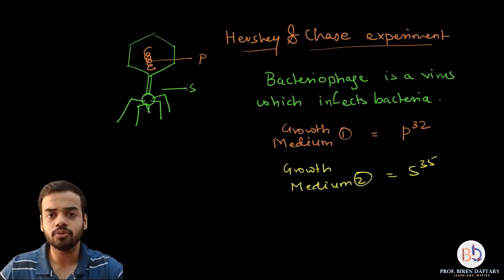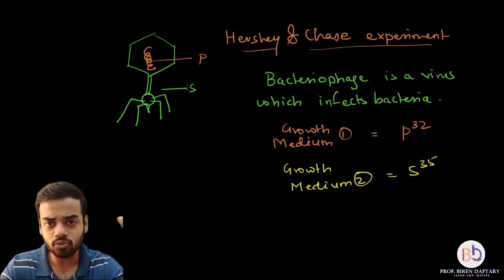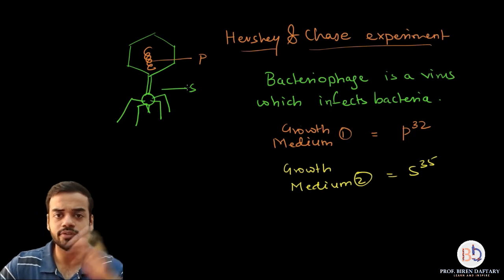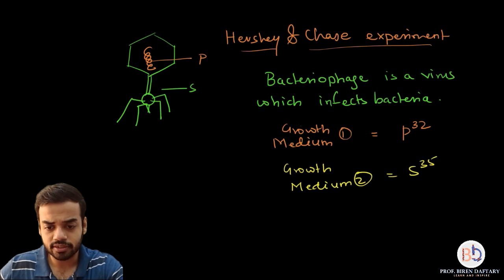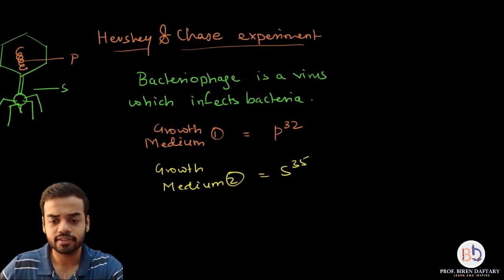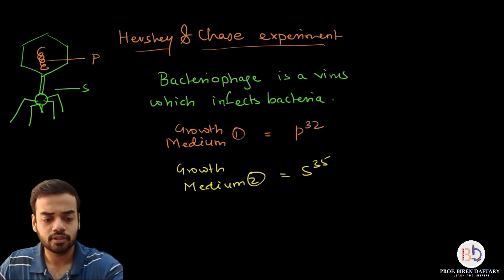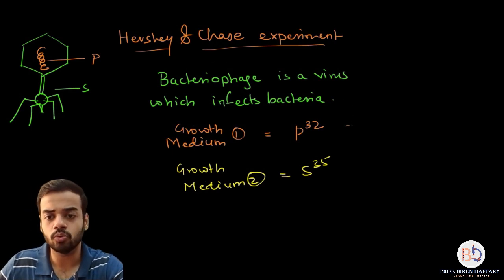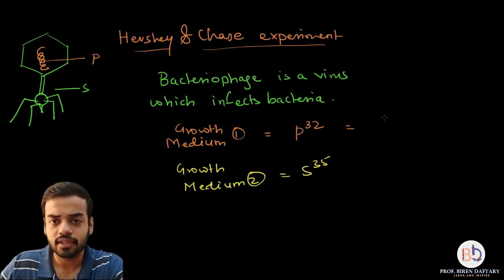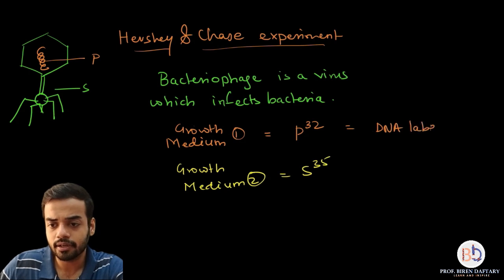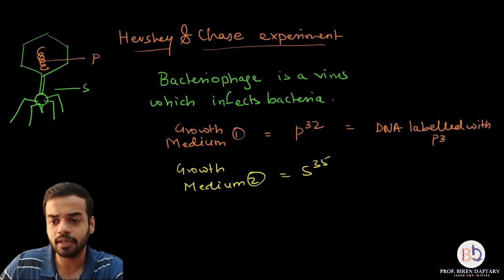So what did they do? They grew these two sets of bacteriophages in two different mediums. The bacteriophage which was grown in P32 had its DNA labeled with P32. What do I mean by labeling?